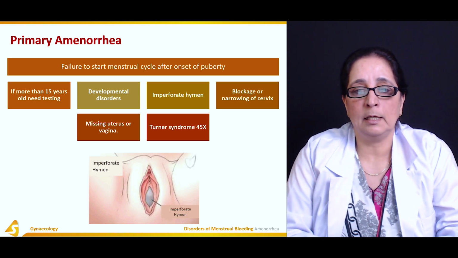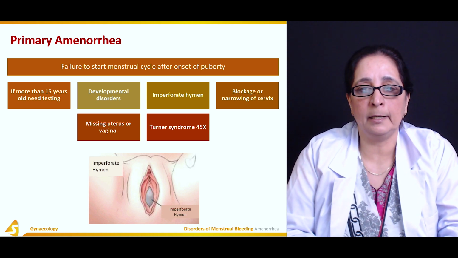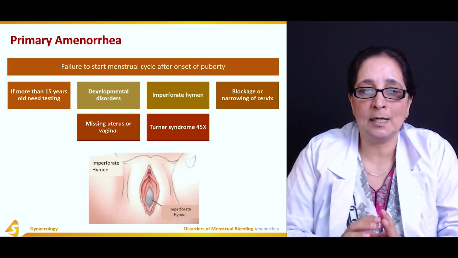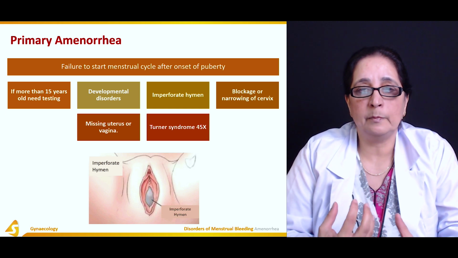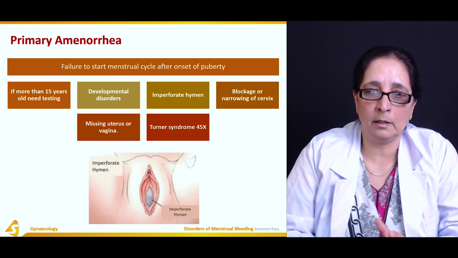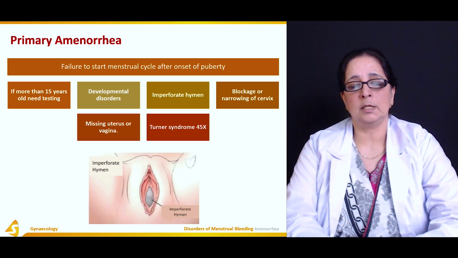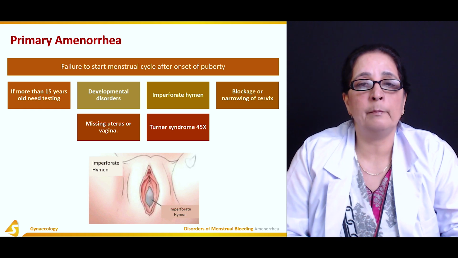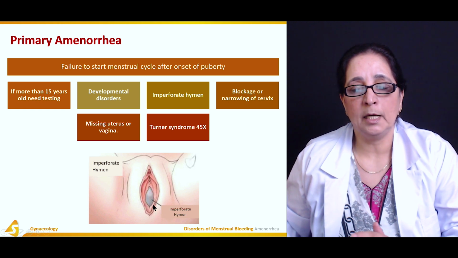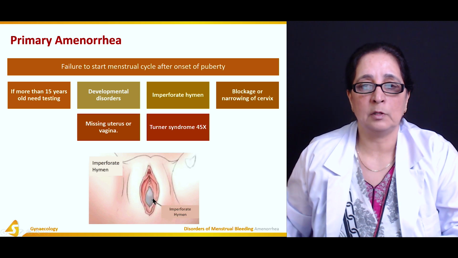By the time when menstruation starts, or when the girl reaches the age of menarche, blood starts accumulating behind the hymen in the vagina. That causes bulging of the hymen. When they complain of dysmenorrhea or pain in the lower abdomen, and when checked by the gynecologist, they can see that there is imperforate hymen, and the hymen is not open. So making an opening in the hymen can resolve this issue, and the normal menstrual cycle begins.